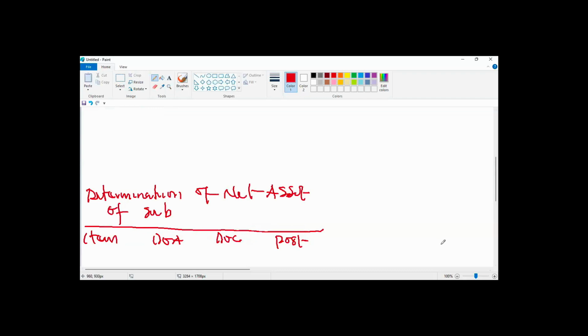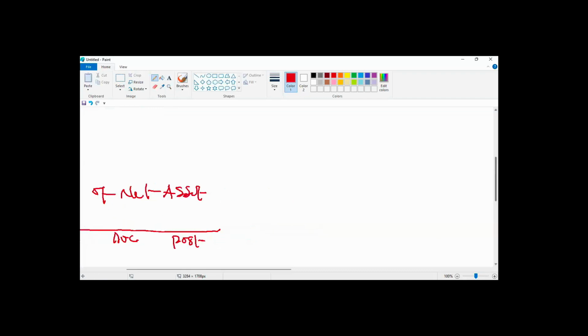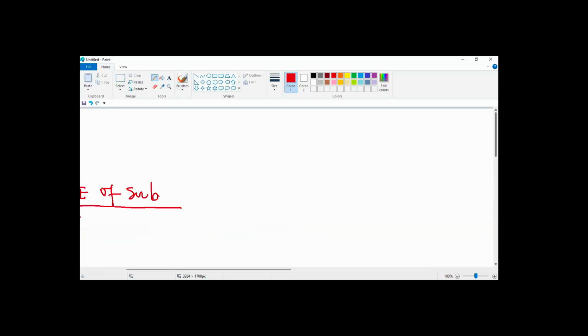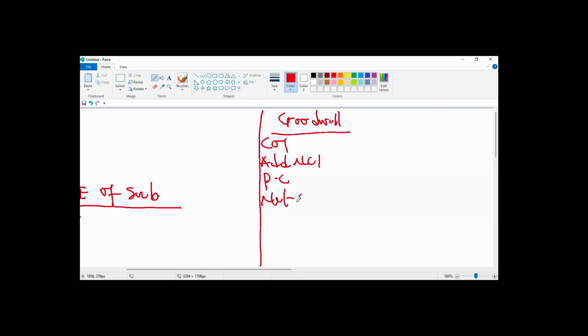You need to calculate the goodwill. I'll write the formula out: cost of investment, add NCI, purchase consideration, less the net assets at the date of acquisition, then goodwill.